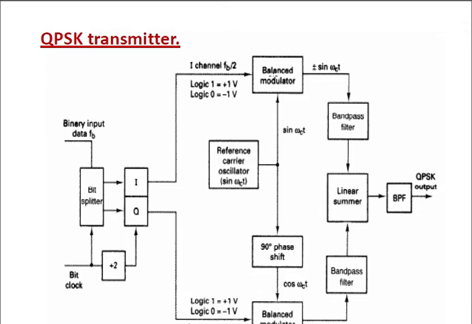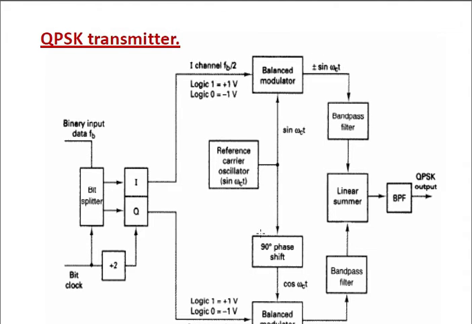This input is provided to each balance modulator, this one as well as this one. But the difference between these two signals is that the reference carrier oscillator, sin omega ct, is given to the balance modulator along with logic 1 or logic 0, and it comes to the output of the balance modulator.